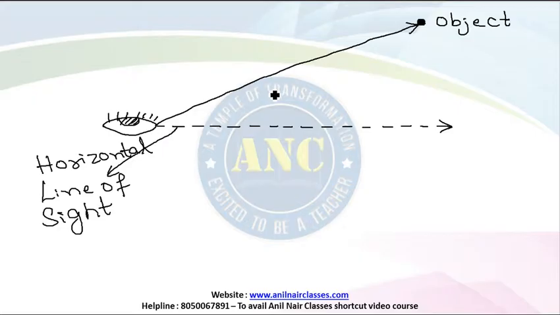Now, what I am trying to say is that there is a horizontal line of sight which I have drawn, and there is some other line along which the person is looking from his eye to that object.